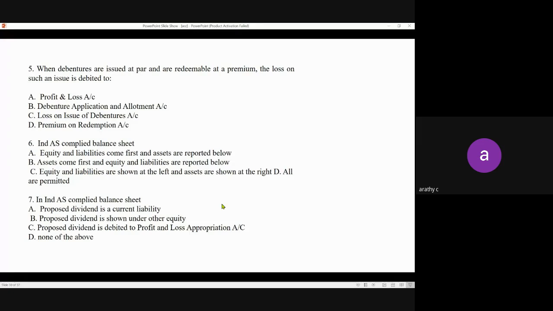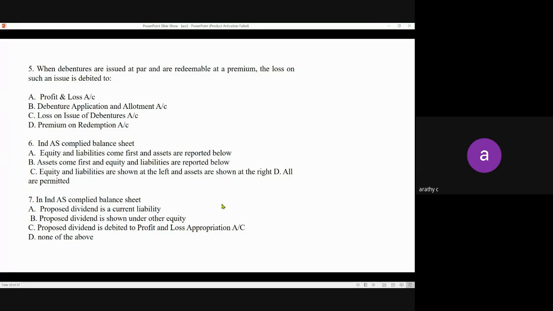And the sixth question is Indian Accounting Standard compiled balance sheet. First is option A, equity and liabilities come first and assets are reported below. The second option is assets come first and equities and liabilities are reported below. The third one is equities and liabilities are shown in the left and assets are shown in the right.